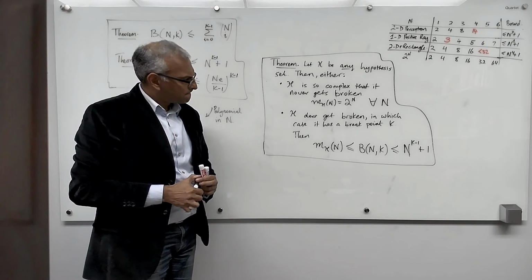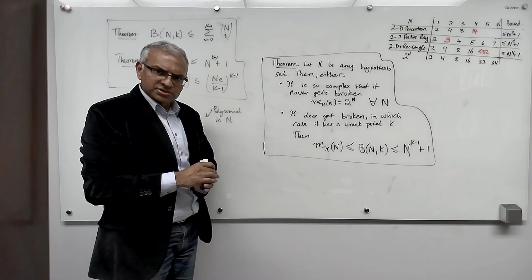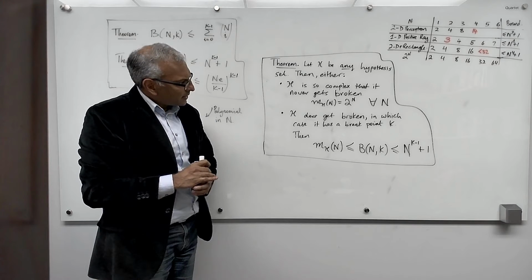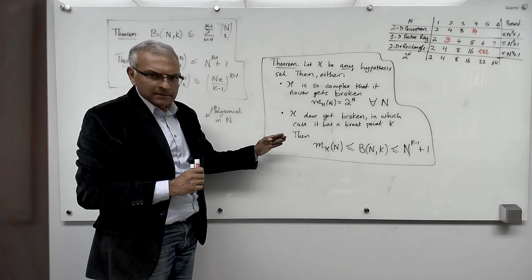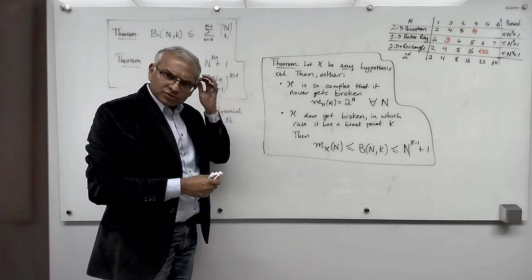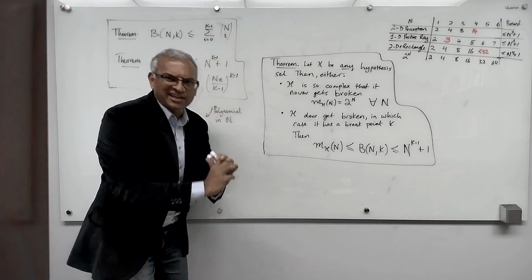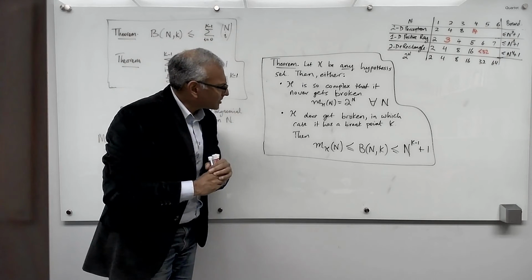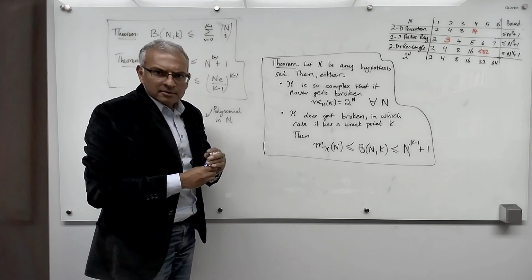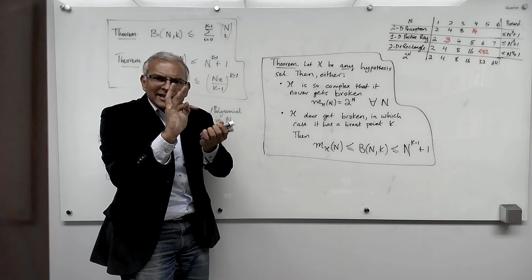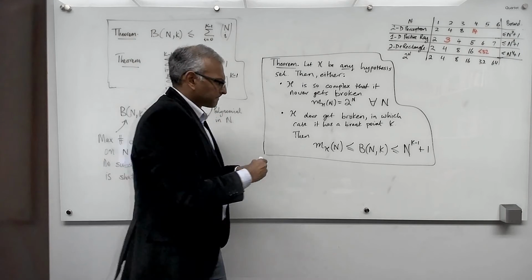Okay. Now I just want to pause and let this sink in, and now I'm going to interpret this for you. The first and most interesting conclusion is that there are 2 kinds of hypothesis sets.